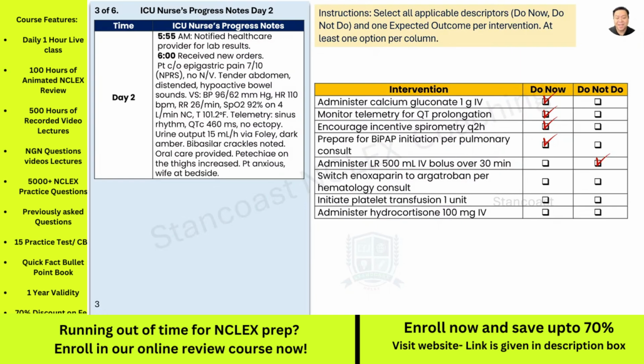And the saturation of 92 on 4 liters per minute via nasal cannula and the respiratory rate of 26 are not really good signs. Although a small amount of bolus might be considered in hypotensive patients without any pulmonary compromise, the patient that we have in this case, especially their lungs are already affected, and if we're going to add rapid infusion, this can worsen their pulmonary edema.